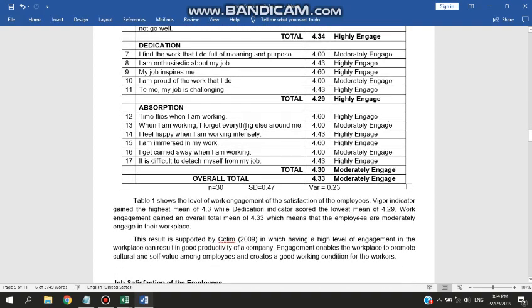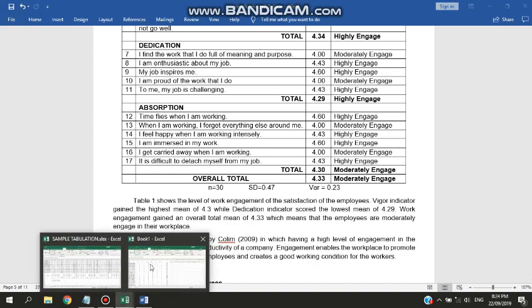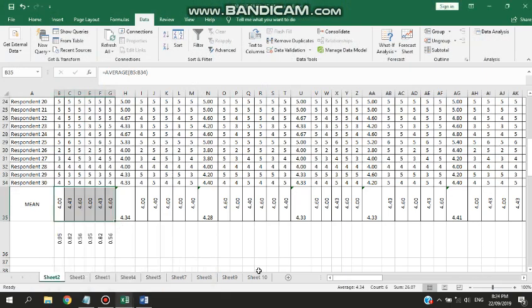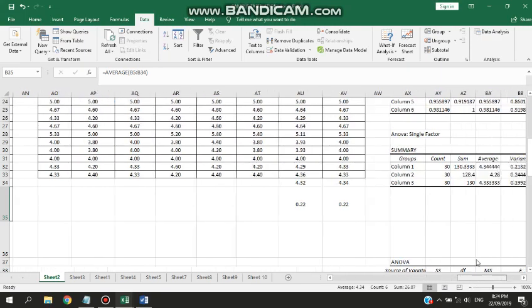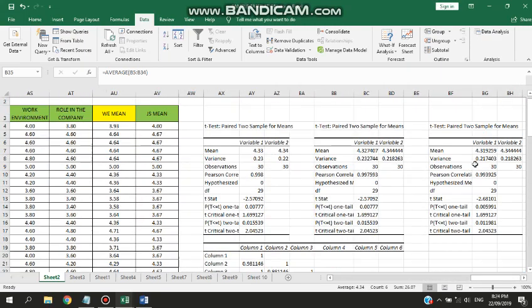So, after the table, as you can see, we have N. SD means standard deviation, variance 4.23, which we obtained after conducting the t-test. This is the variance. Medyo iba siya. But anyway, that is the variance for variable 1.